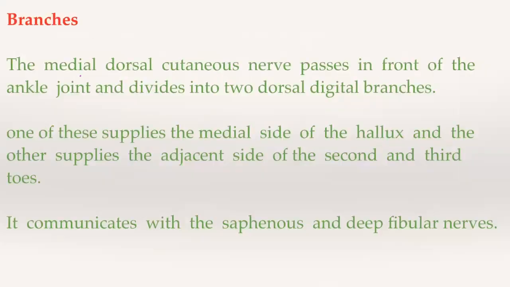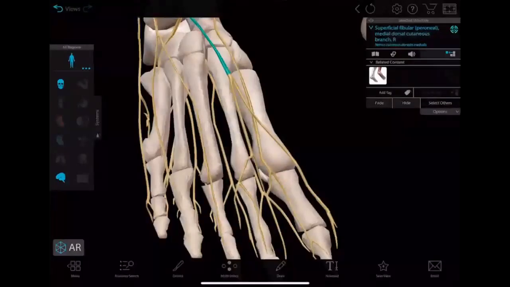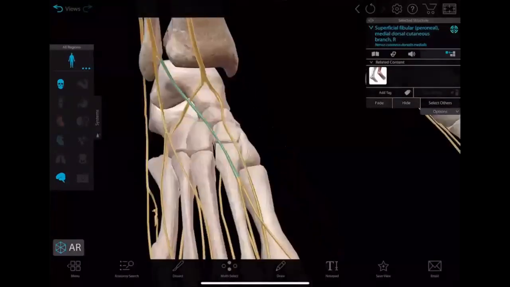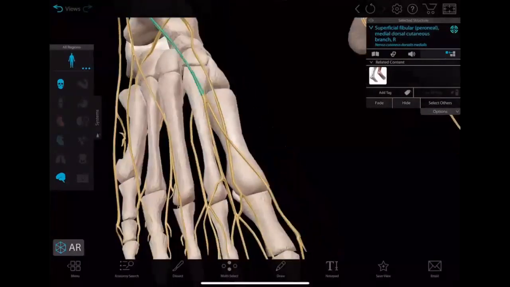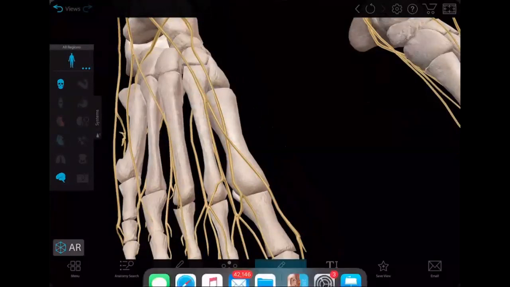The medial dorsal cutaneous nerve passes in front of the ankle joint and divides into two dorsal digital branches. So this is the medial one. It goes to the medial side and divides into two dorsal digital branches.